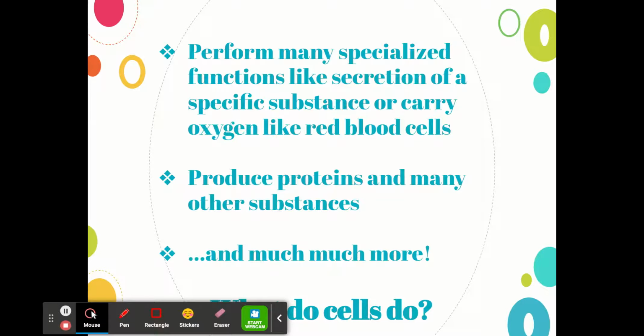Okay. Another important function of cells is that they secrete different substances like hormones and things like that. Some cells transport materials, like red blood cells transport oxygen throughout all parts of your body. The blood also carries your nutrients.